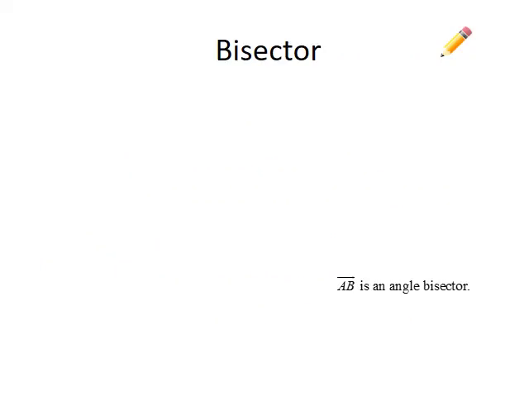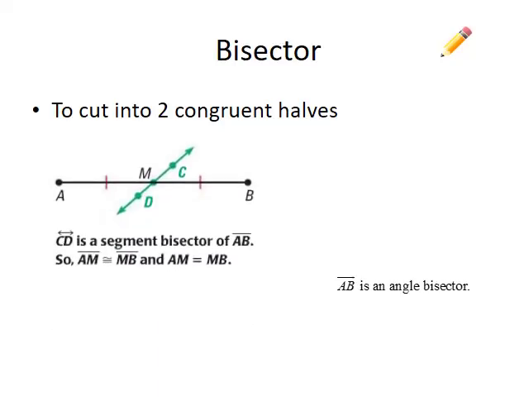So starting with that first word, bisector, that we had from our last foldable, it's our last word in our first foldable. Bisector means to cut something into two congruent halves. And remember, congruent means to have the same measure. So if we look at our first diagram here, we have this line segment AB.